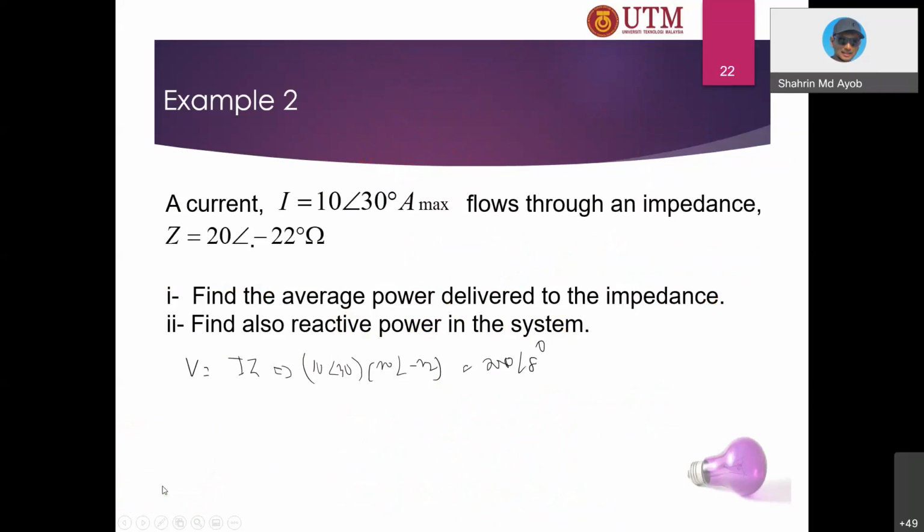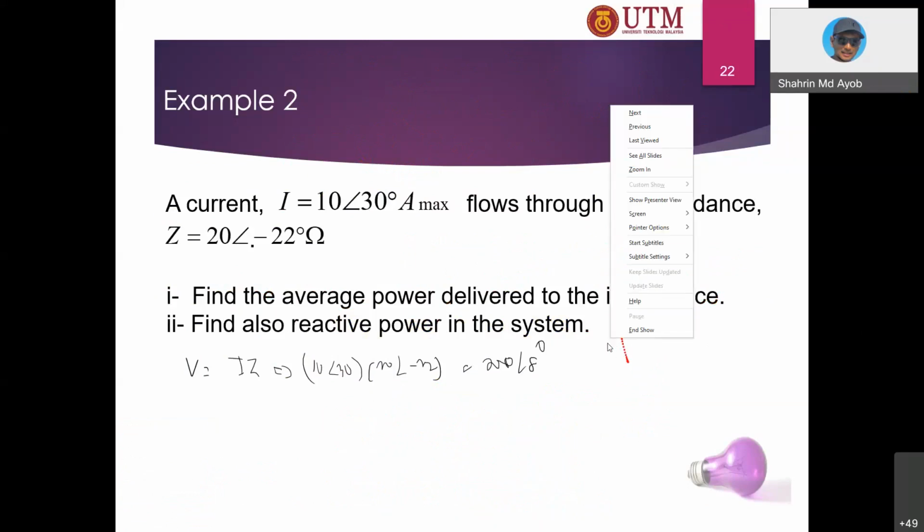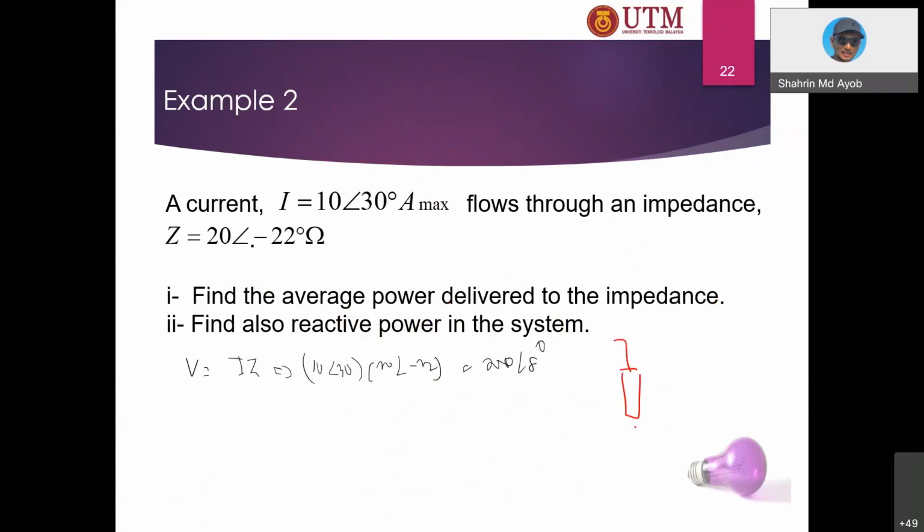Okay, let's proceed with the second example. Any questions? So we have an impedance which is 20 angle negative 22 degrees.